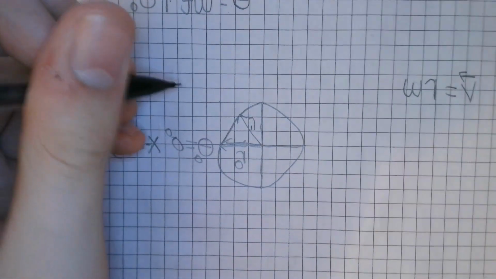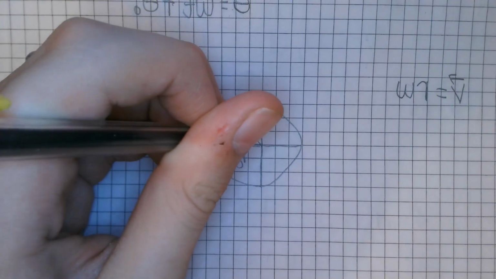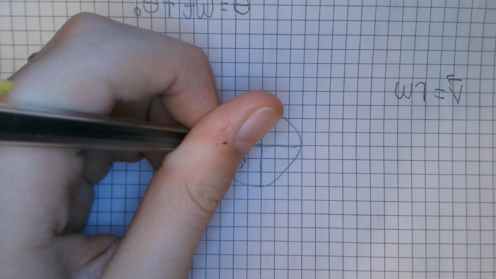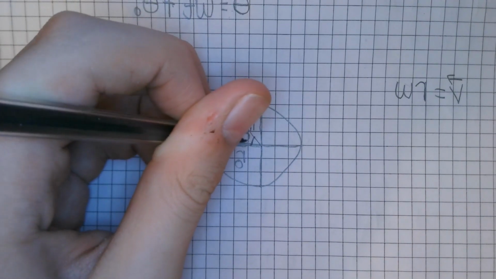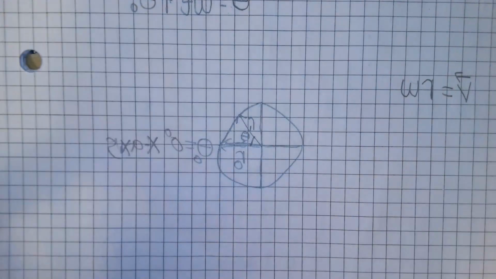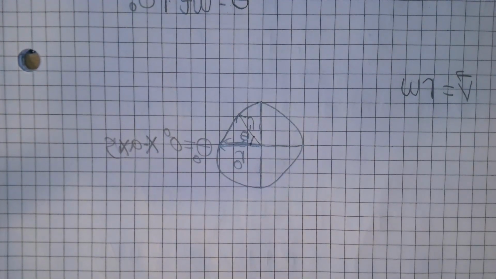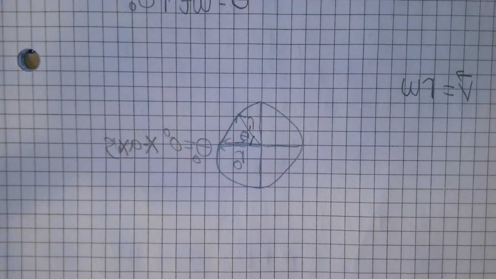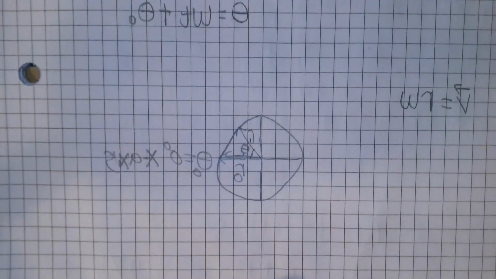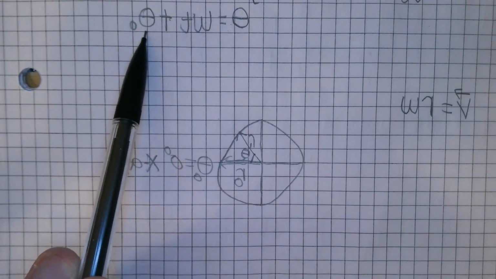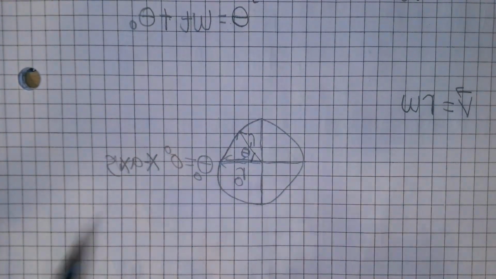Make it a position vector. We're going to have an angle, some angle, we'll call theta, okay? And now if we want to derive an equation for theta, we can do the same thing we did before, except we won't need theta naught, because theta naught's just 0.